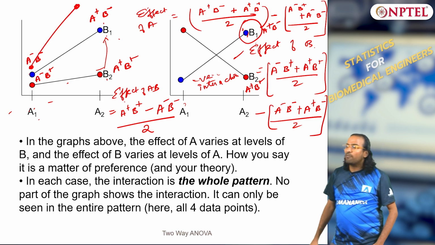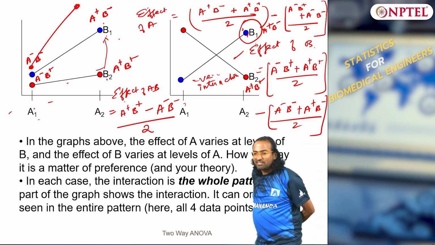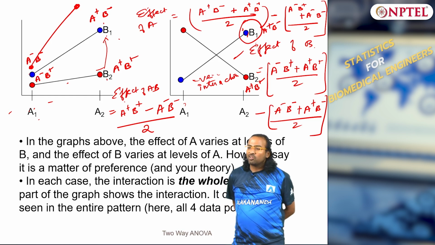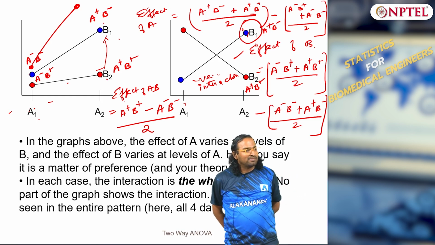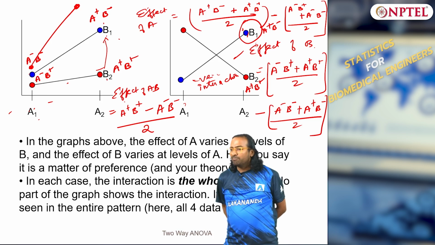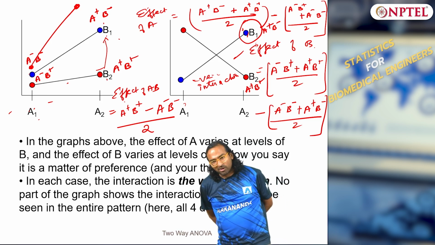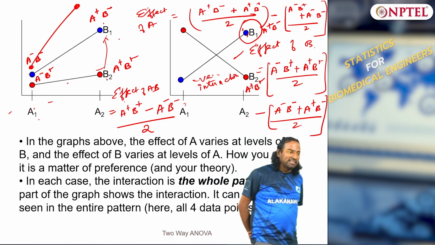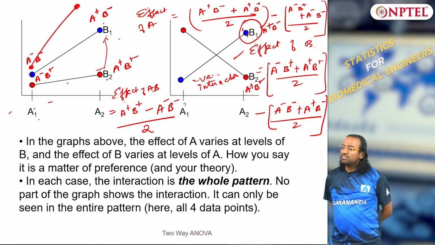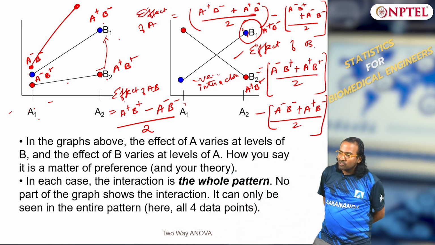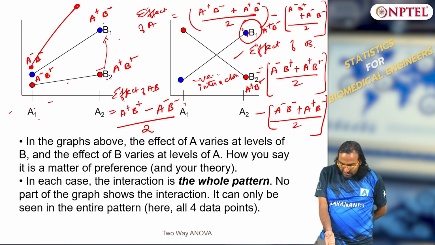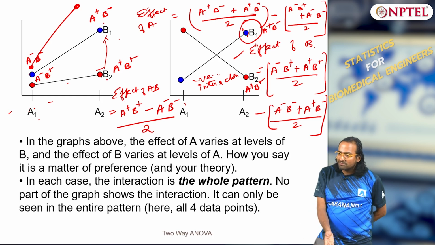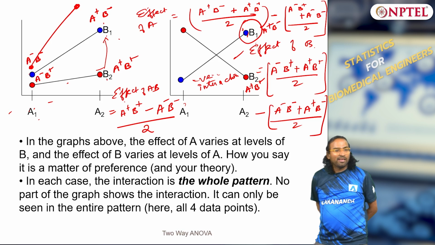So the slope, when I said slope, what is the slope I was asking? The slope of the A positive B positive to A negative B negative line, if that is high positive, then you have a positive interaction. If that is significantly negative, then you have a negative interaction. What is slope? y2 minus y1 by x2 minus x1.